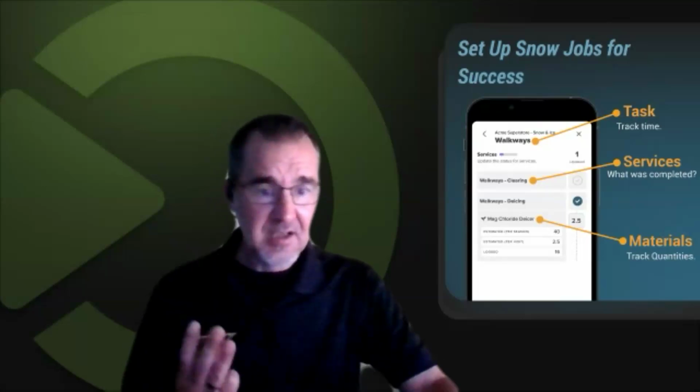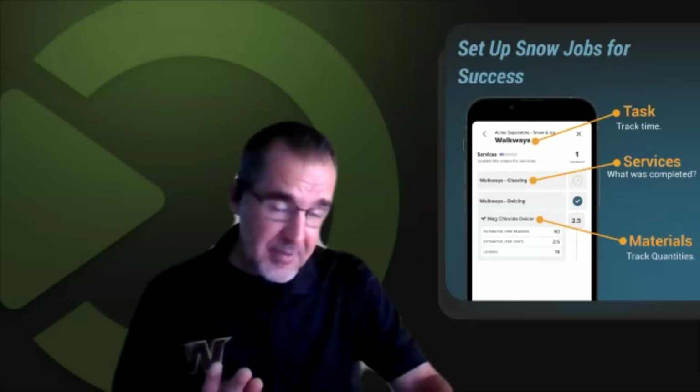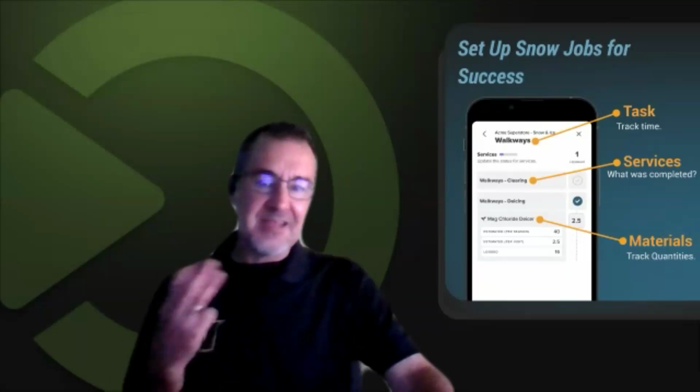Okay, so again, one of the things that you're going to need to do, not only in the job but also in the actual LMN Crew mobile app, is indicate what you want to track in relation to your overall snow removal work. So let's go back to the actual job.